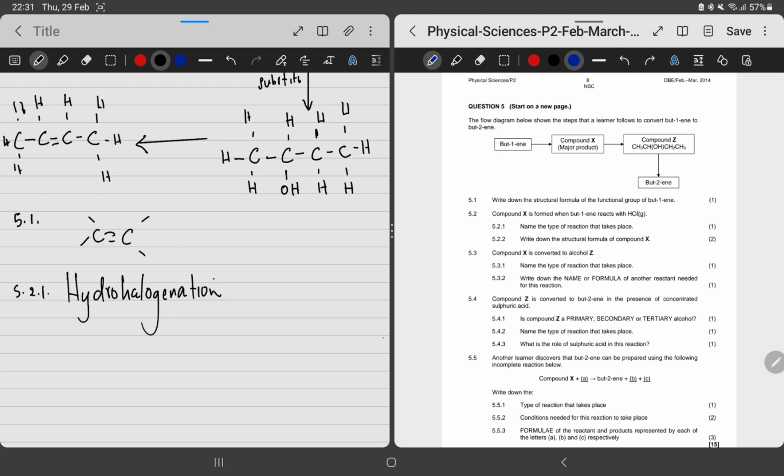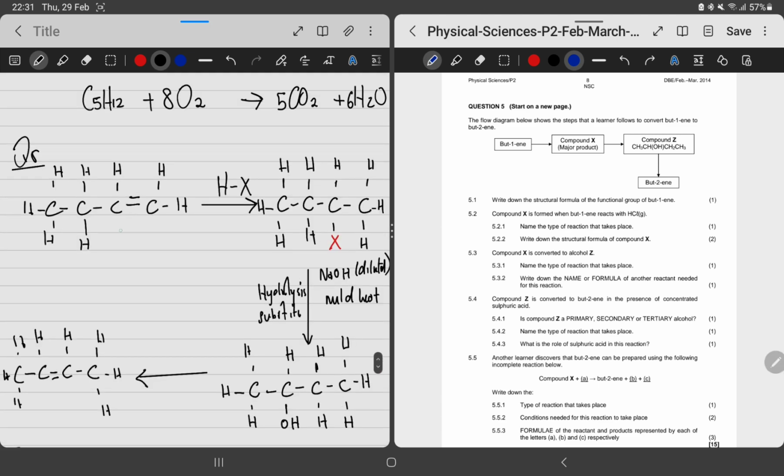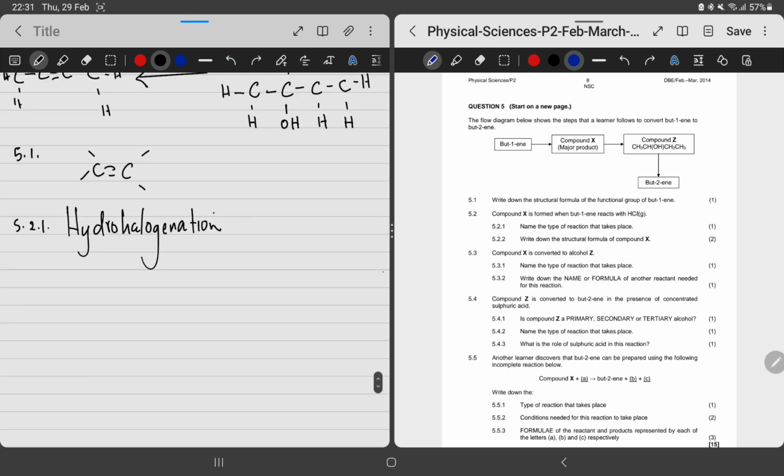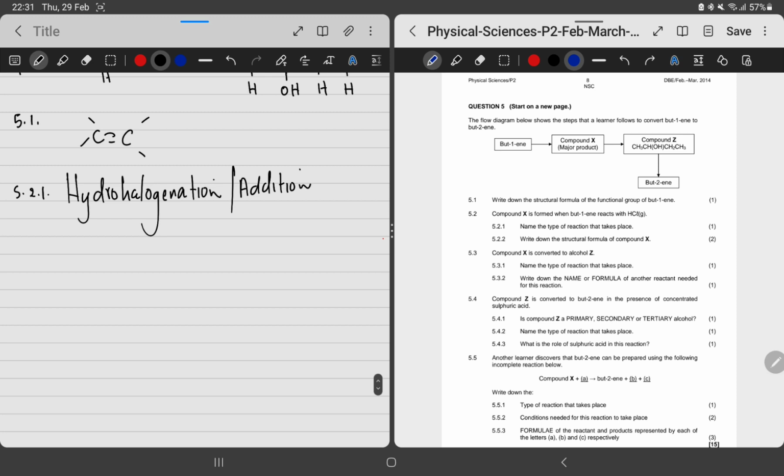Or you can say it is an addition reaction, because you are adding what? The hydrogen and the halogen. So you can also say it is an addition reaction. Or you can say it is a hydrochlorination. That would be correct as well.